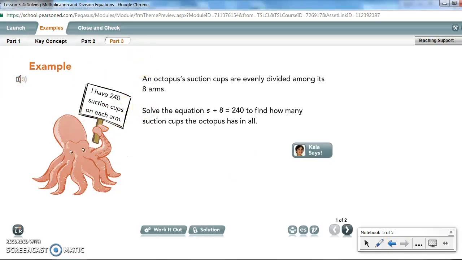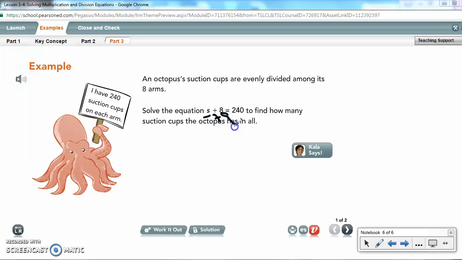An octopus's suction cups are evenly divided among its 8 arms. Solve the equation S divided by 8 equals 240 to find how many suction cups the octopus has in all. For this one, identify your sign. I have a division sign. What's the opposite of divide? The opposite of divide is multiply. If I want to get S by itself, to get the 8 away, I need to multiply by 8.